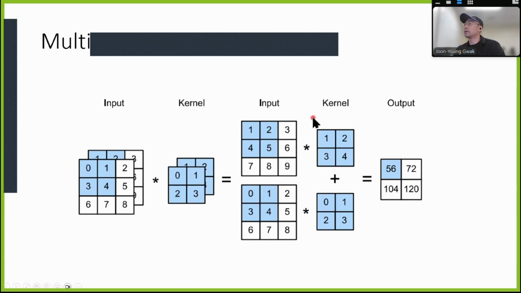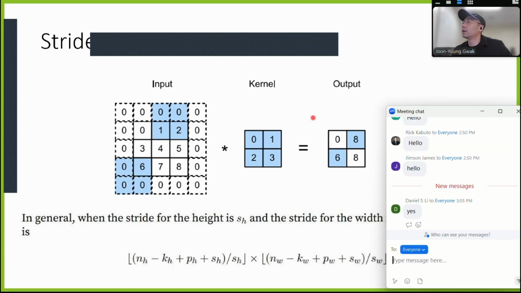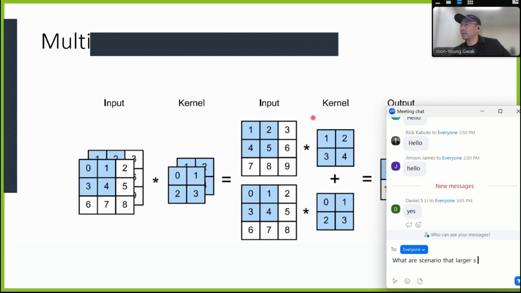Yes, that's correct. So it's skipping horizontally and vertically. Yes, and you can set the stride to different numbers, more than two. Is that clear? Yeah, thank you.